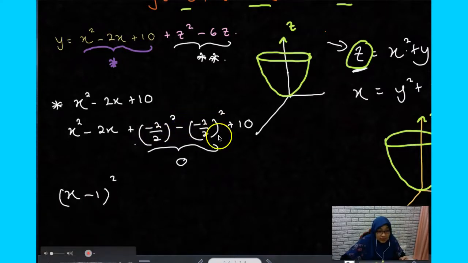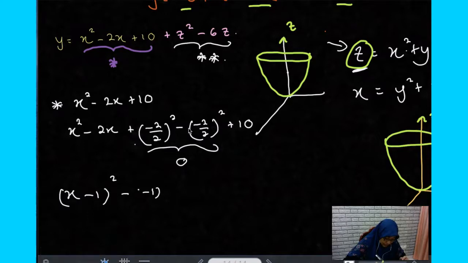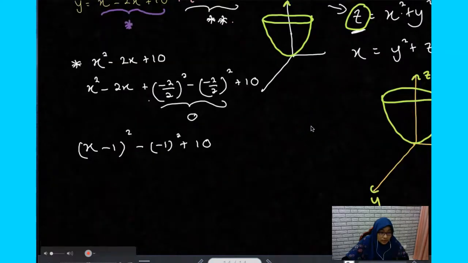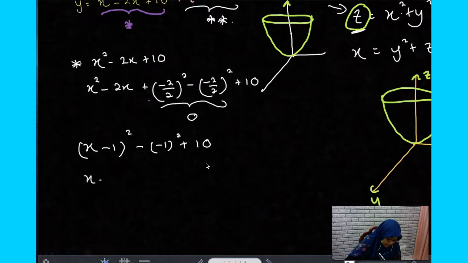And then the rest I just calculate this one, negative 1 squared plus 10. Okay, and then I simplify the form. So x minus 1 squared, negative 1, so I got 9.